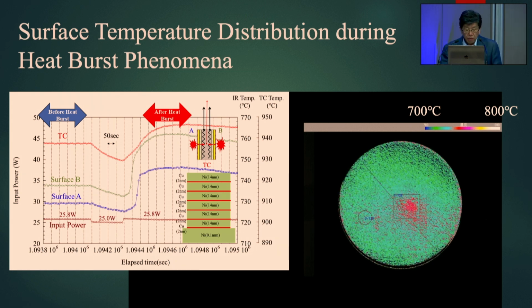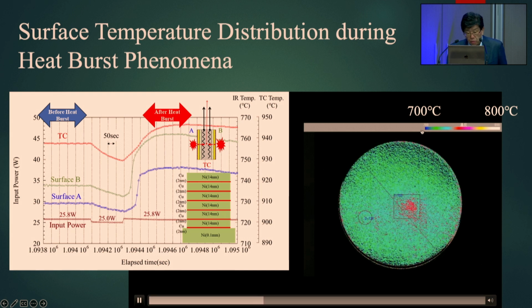This is a movie of the surface temperature distribution during the heat burst phenomenon. At the beginning, it's a steady state. Blue is 700 degrees centigrade and white is 800 degrees centigrade.